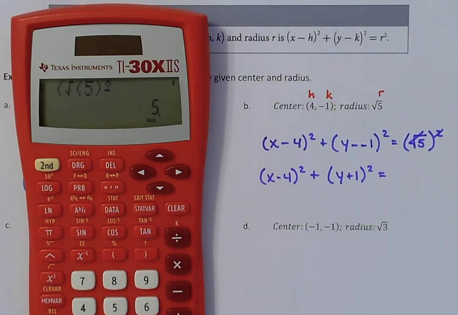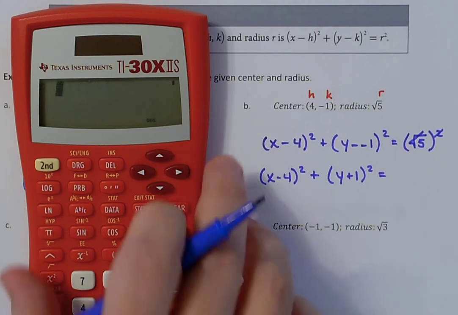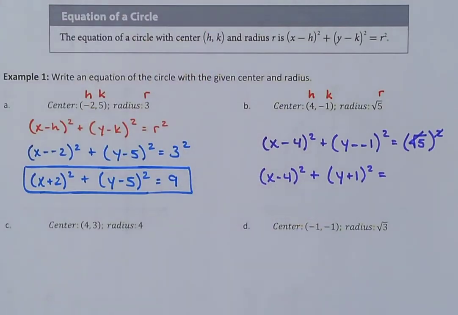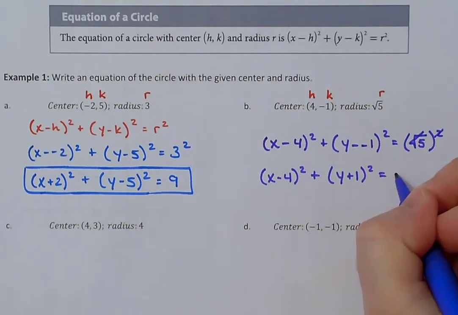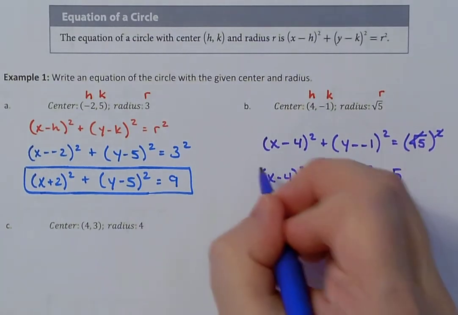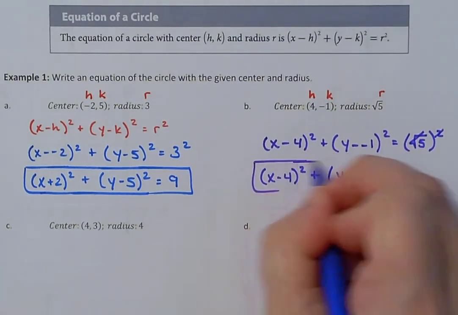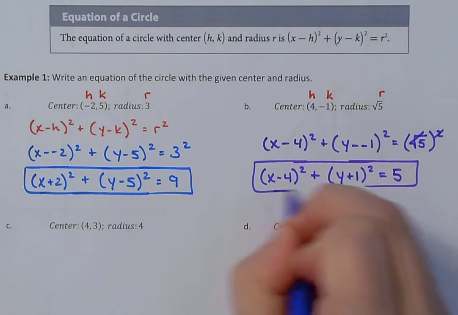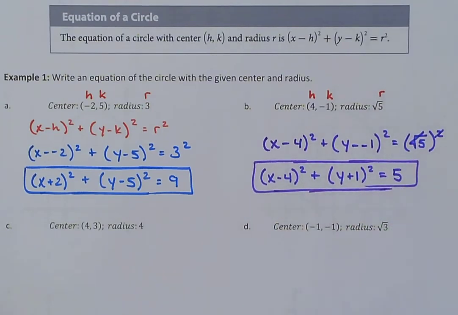So that square root and squared just goes away. So this just becomes 5. And that is our answer for part B. X minus 4 squared plus y plus 1 squared equals 5.